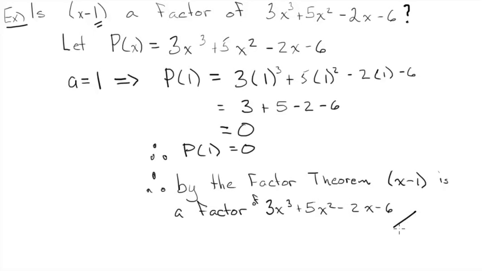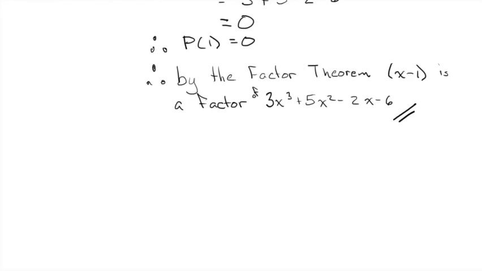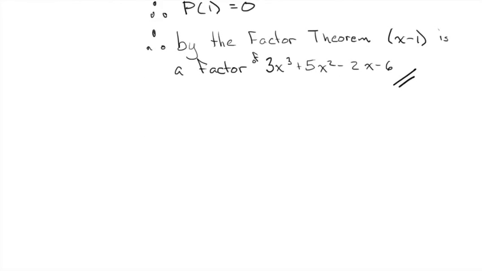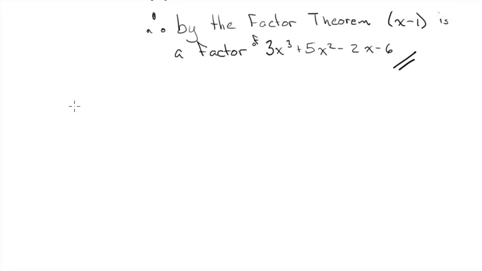Okay, so that's good that I was able to do this question using the factor theorem. Just so we see what's going on, though you would never do this after you've used the factor theorem, let's just make sure that when we divide 3x cubed plus 5x squared minus 2x minus 6 by x minus 1, we get a remainder of 0.